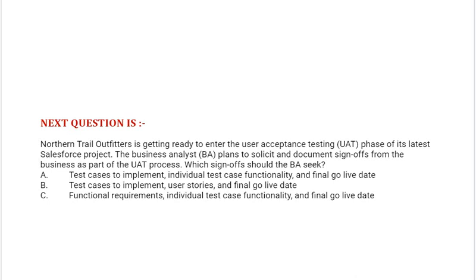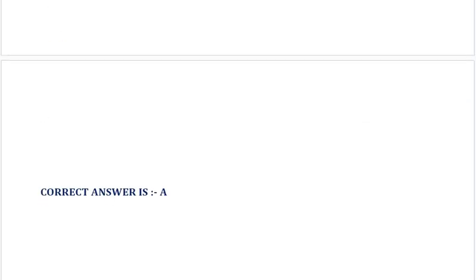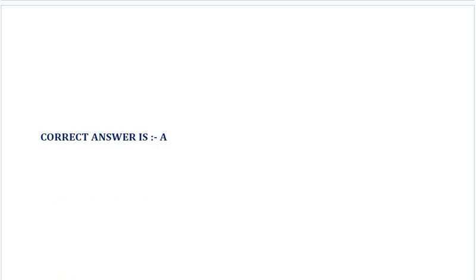Option A: test cases to implement individual test case functionality and the final go-live date. Option B: test cases to implement user stories and final go-live date. Option C: functional requirements, individual test case functionality, and final go-live date. Correct answer is option A.